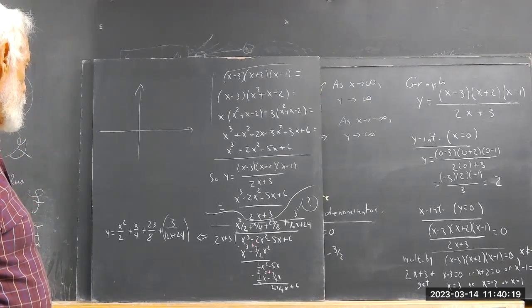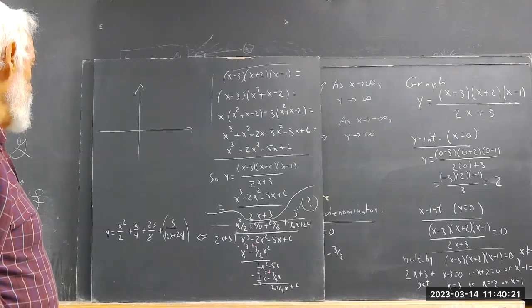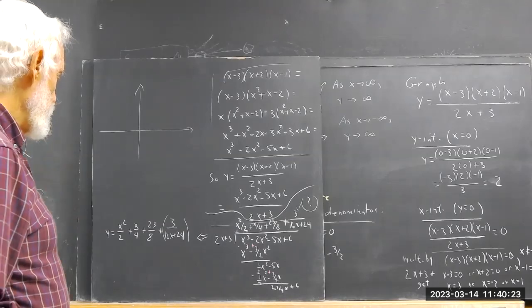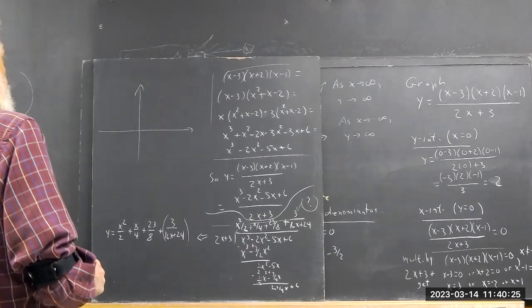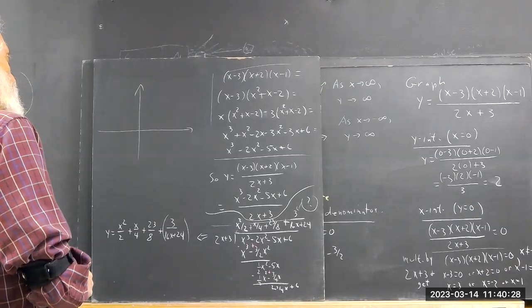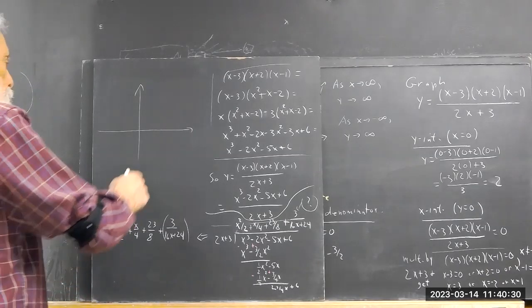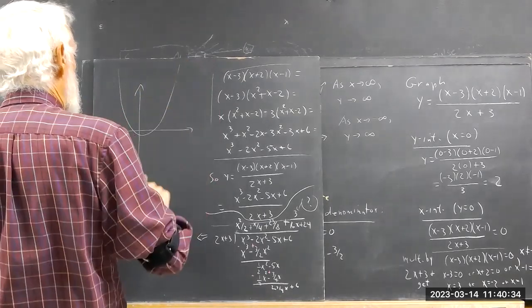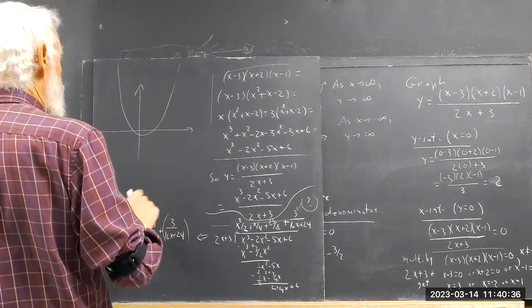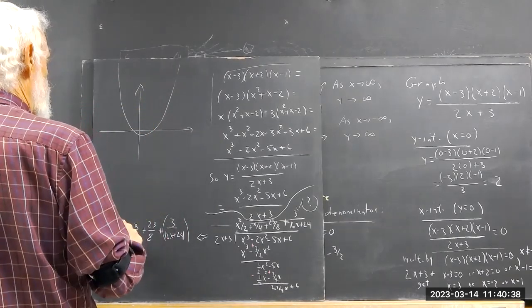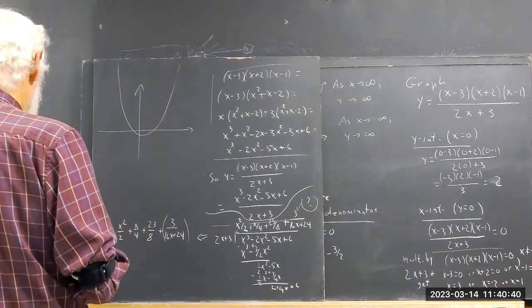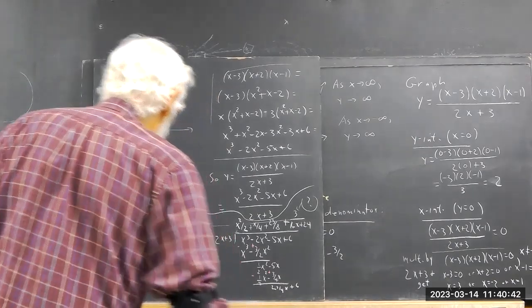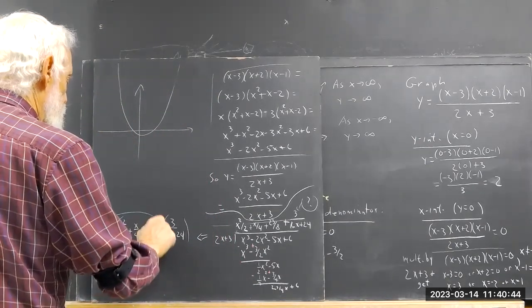Negative b, 1/4. No, so 1/4. Well, anyhow, I don't want to think of the discriminant. Okay. This thing is like a parabola. And that parabola represents this much of the function.